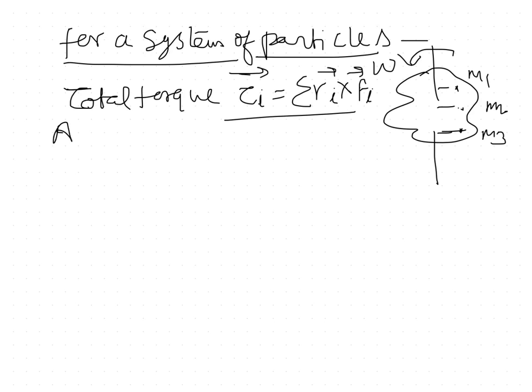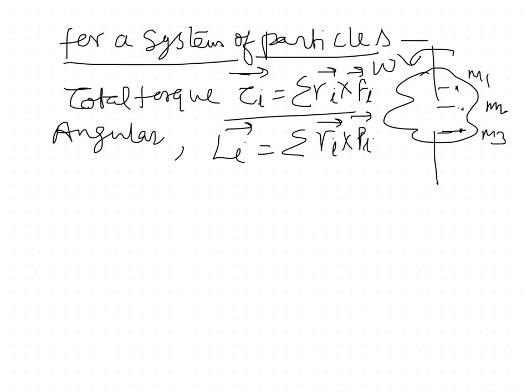Similarly, angular momentum can also be written like L vector is equal to summation of ri cross pi, where summation stands for i equal to 1 to n, for n number of particles. So in this way we can modify these formulas for a system of particles.